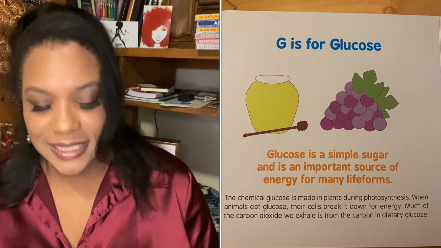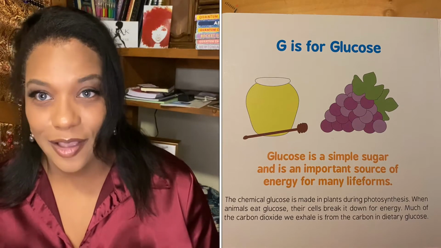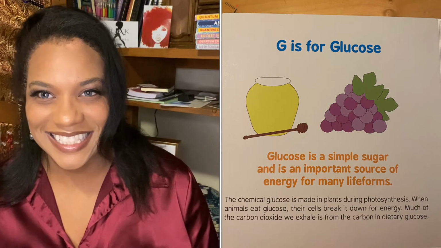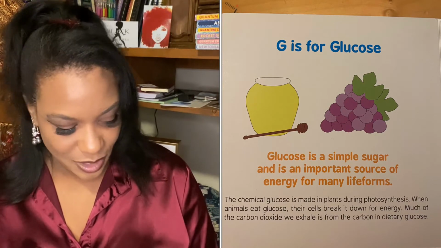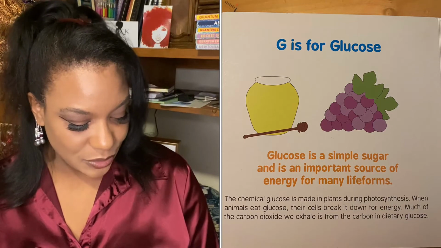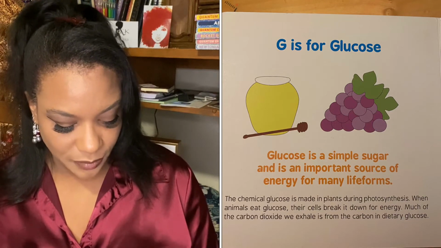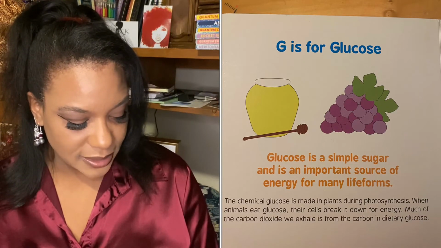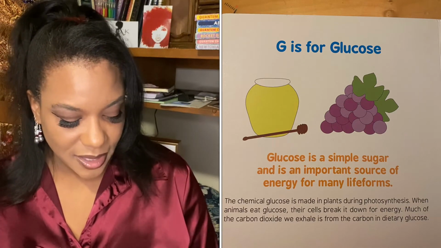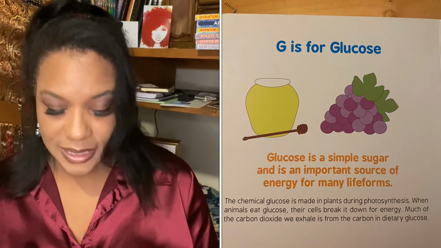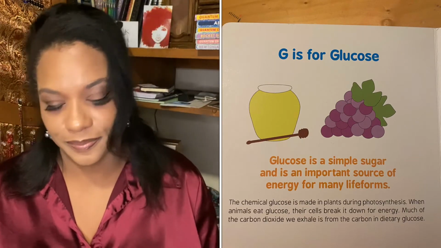Photosynthesis. You got it. When animals eat glucose, their cells break it down for energy. Much of the carbon dioxide we exhale is from the carbon in dietary glucose.